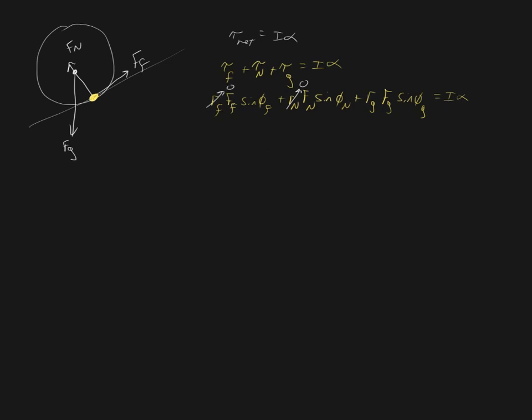So we can eliminate these two terms, and that's just going to leave us with R gravity, F gravity, sine of phi for gravity is equal to I alpha.